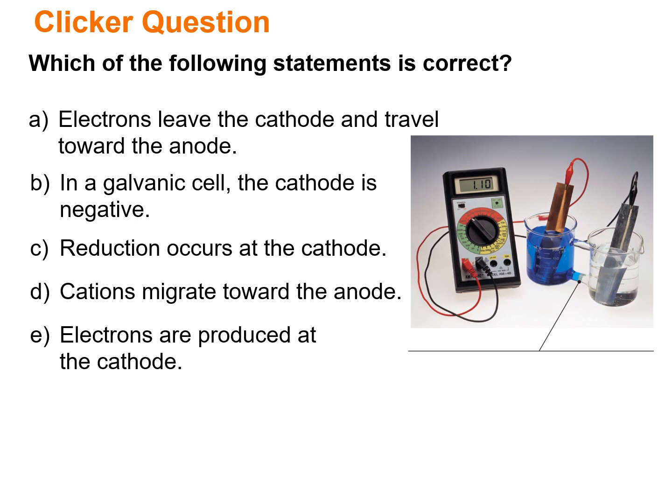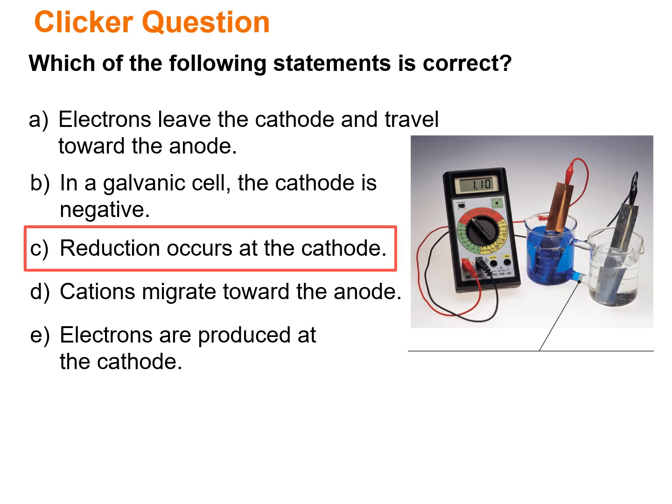That agrees with what we've been saying, so I would say that's probably the correct answer. D is cations migrate towards the anode, and that's not going to be the case. They should migrate away from it. And the electrons are produced at the cathode. That is also incorrect. The oxidation is occurring at the anode. So the reduction occurs at the cathode is the correct response we're looking for there.